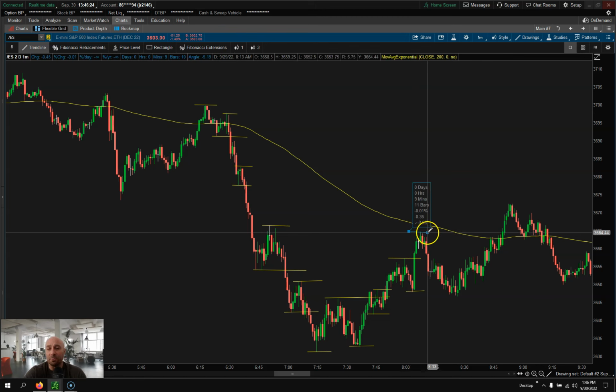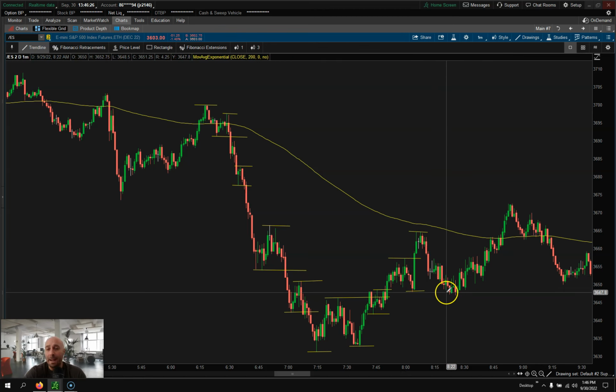And look at this. We make a high, we pull back. Now, we took out this low right here. So now we're in a downtrend, but it's a short-lived downtrend, because what happens is we actually make a new high. Okay, so anything above here would be your exit if you're looking for a low.